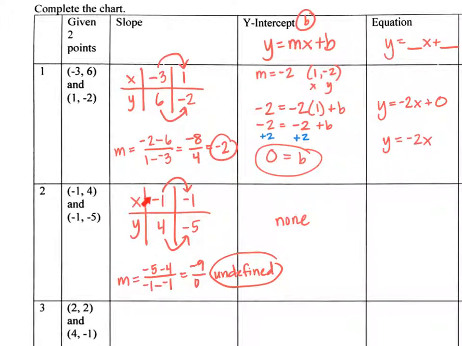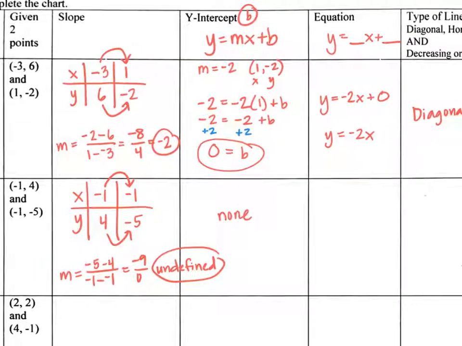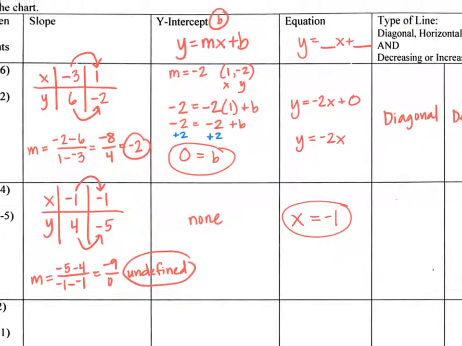So the x stayed the same. So I'm going to start off with x. If x stayed the same, that means it'll always be the same. It's going to be negative 1. And that's our equation. Okay, sometimes the y is the same exact number. In that case, I'm going to put y equals that number.